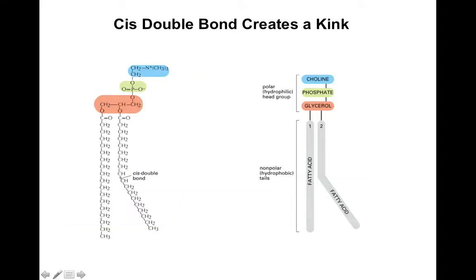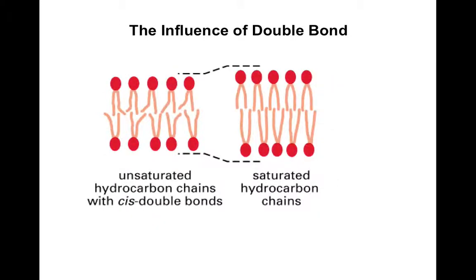The result of this kink is basically that membranes that have more unsaturated hydrocarbon chains are more fluid because, as you can see, there are big gaps between the lipid molecules. However, if there are mostly saturated hydrocarbon chains in the membrane, then the membrane is more rigid.